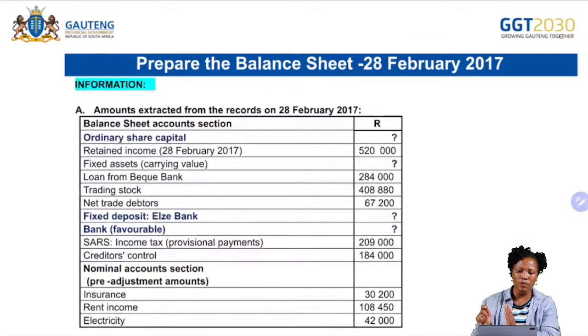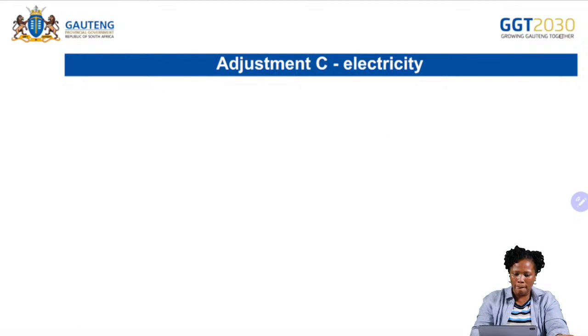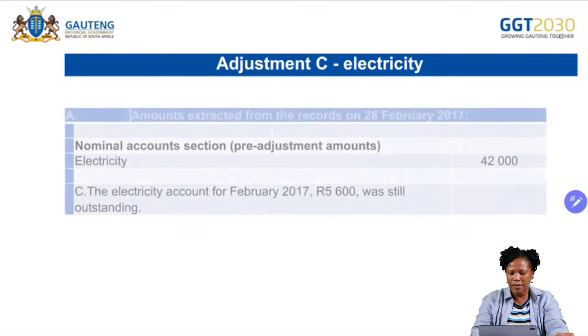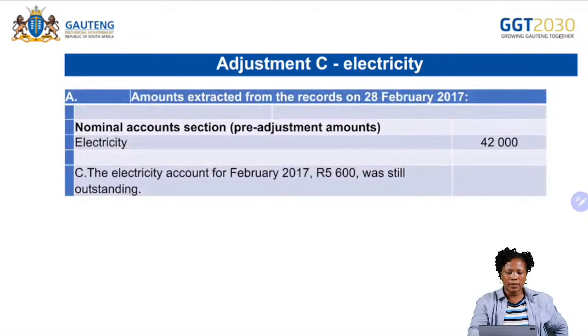Remember that we still have to take you through the cash flow statement. So you will see that there are figures that are missing. But I'm going to take you through the transactions now. We're going to break down this information. All right. Let us look at the first one. A very easy one.